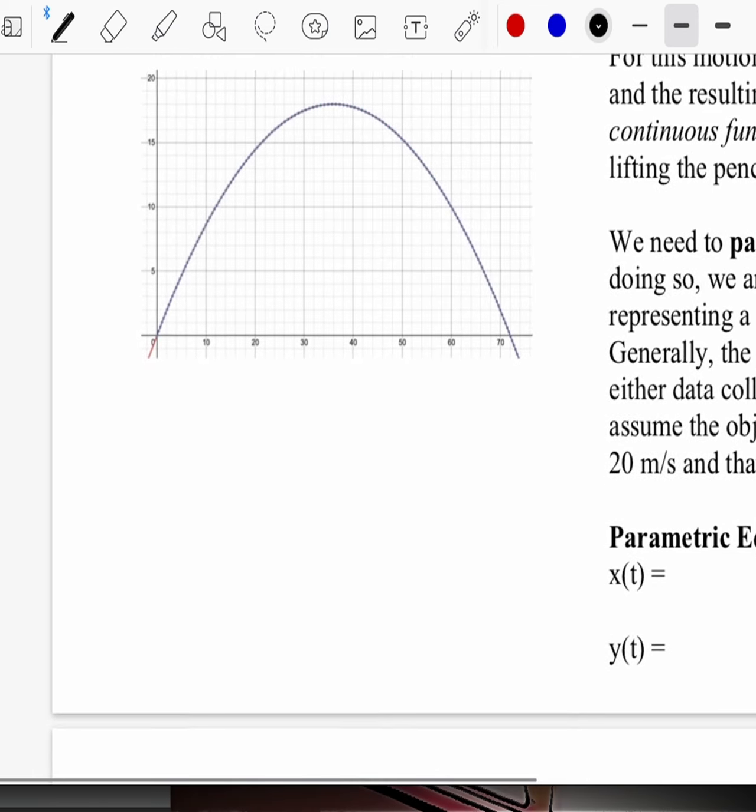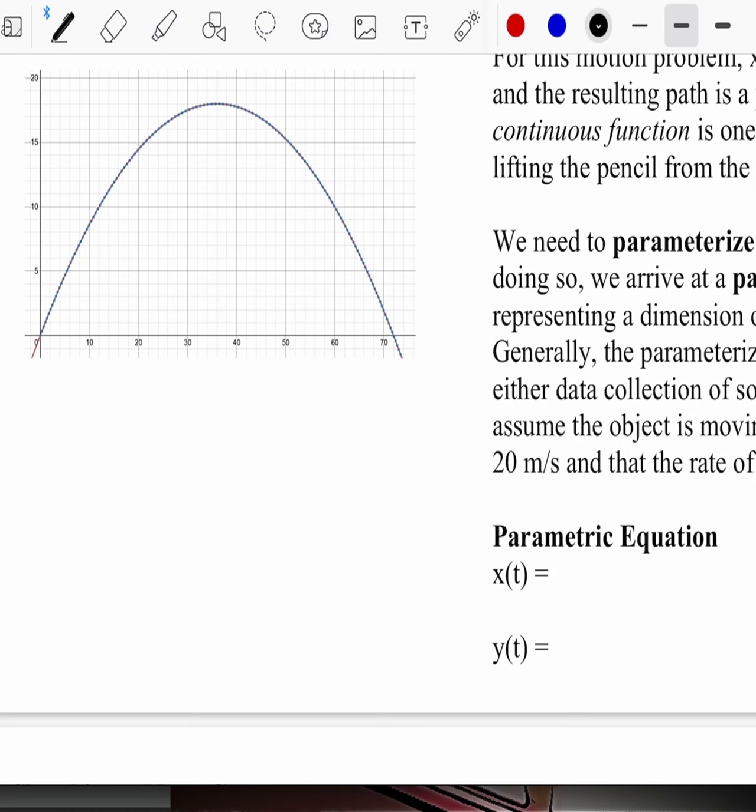So what I would say here is, again, we know velocity is equal to distance over time. Now they're saying it's got a horizontal distance, all right? So that horizontal distance is dependent on time. So I would let d equal x of t.